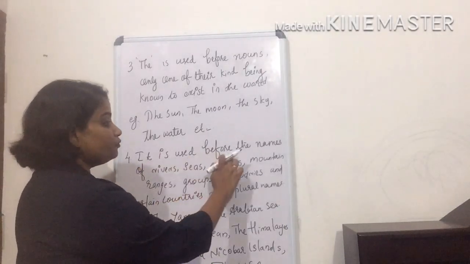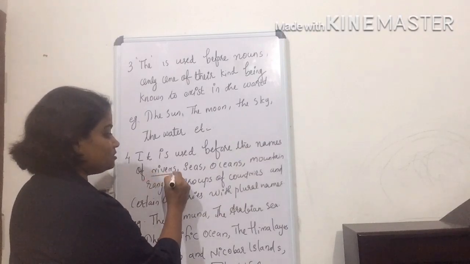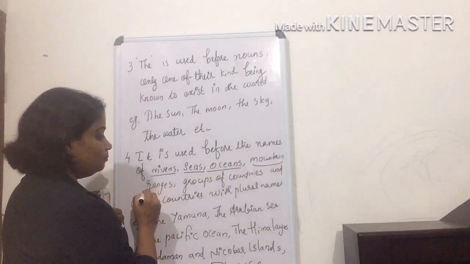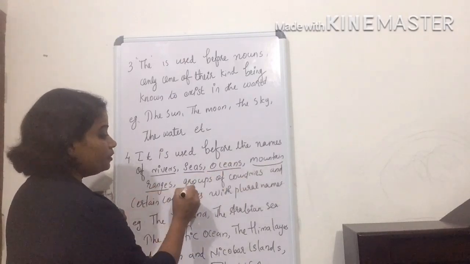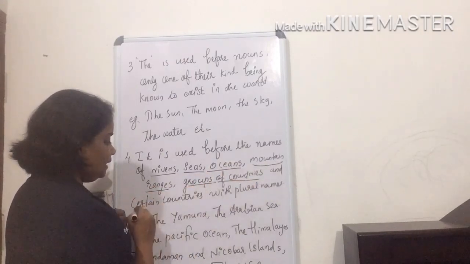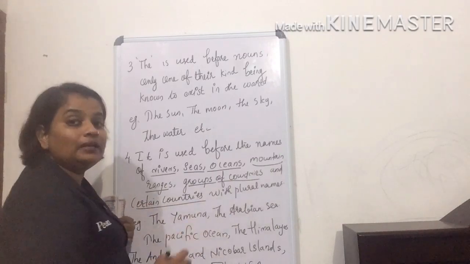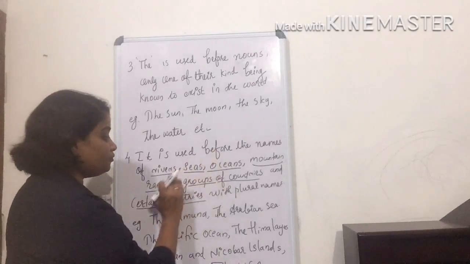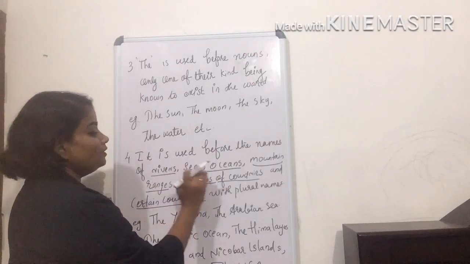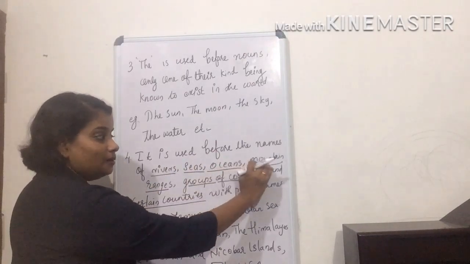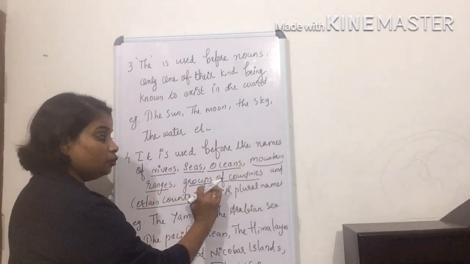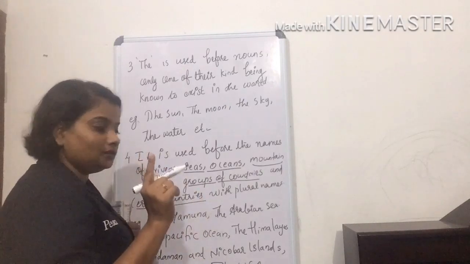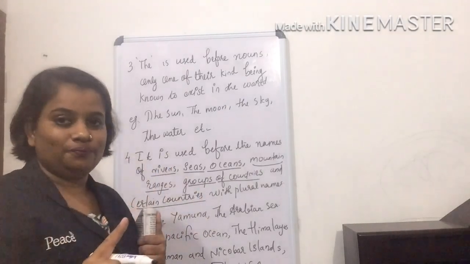The is used before the names of rivers, seas, oceans, mountain ranges, groups of countries, and certain countries with plural names.